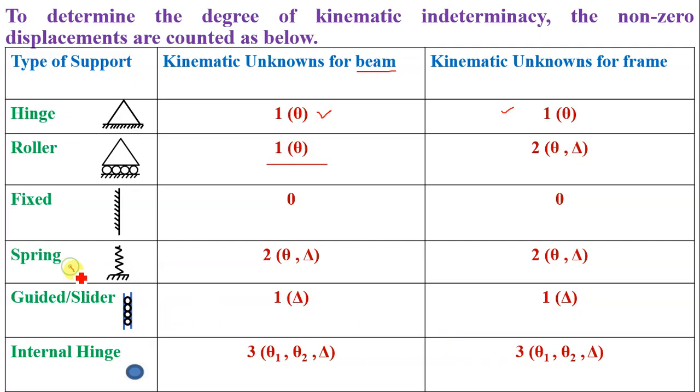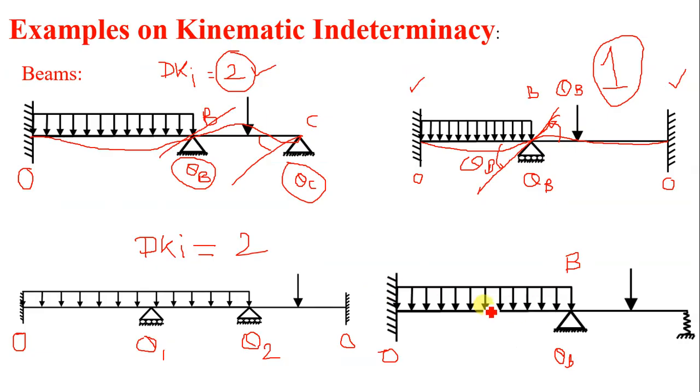This is a spring support. In case of a spring support, the kinematic unknowns for beams are theta and delta, one rotation and one translation. So here I will draw the deflected shape of the beam, roughly or approximately. It will deflect something like this, and if you draw a tangent at this support, one slope will be there. If we name this C, then theta C will be there.